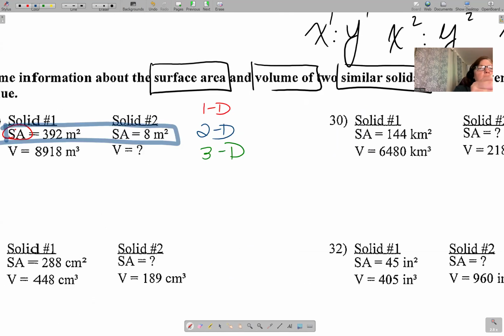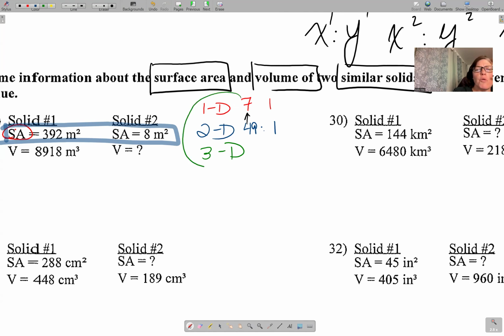So I'm in the second dimension here, and I'm at 49 to 1. So I'm in the x squared position. So I backtrack. Square root of 49 is 7. The square root of 1 is 1.